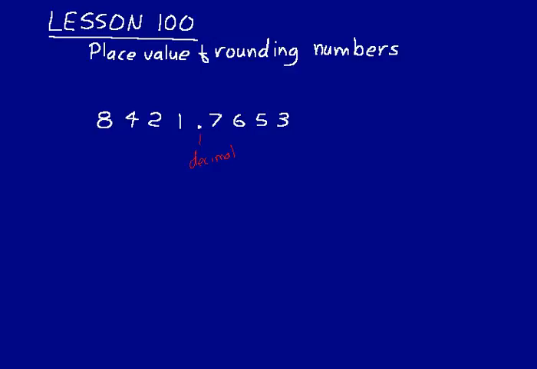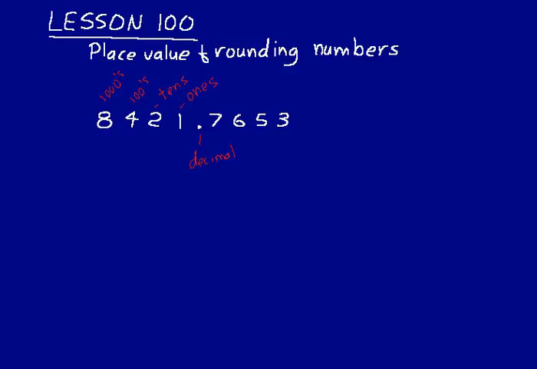And if we go to the left of the decimal point, the first value, that's called the ones place. And then the next one is the tens. And then this one is the hundreds, and this one is the thousands. And see, each one is just another factor of 10.